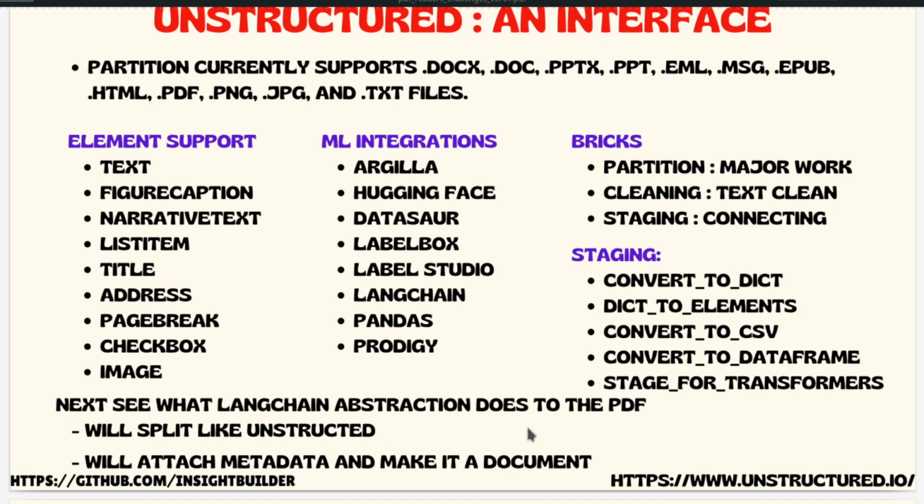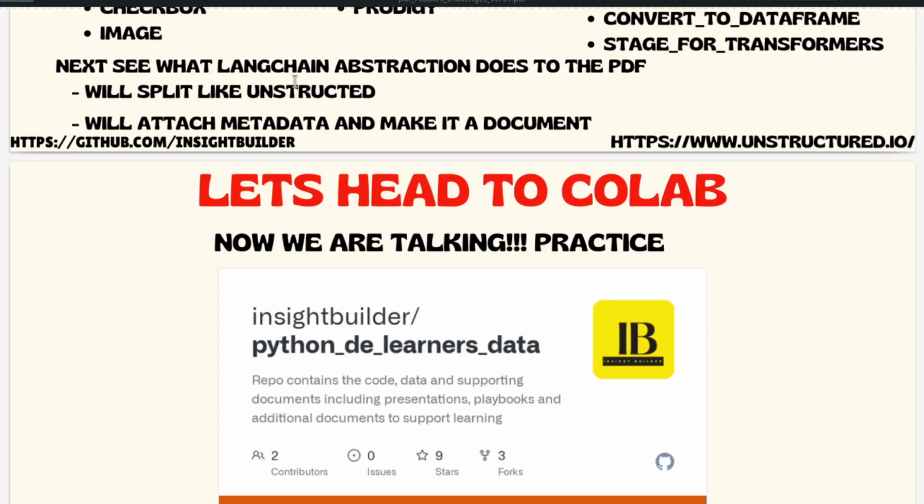Like the unstructured library is an interface over various documents in this world, LangChain is also an interface over various libraries in Python which can interface with large language models. You understood the analogy, right? The unstructured library can be the loader, and LangChain and the large language model will be the processors. This is what I want you guys to understand about it.